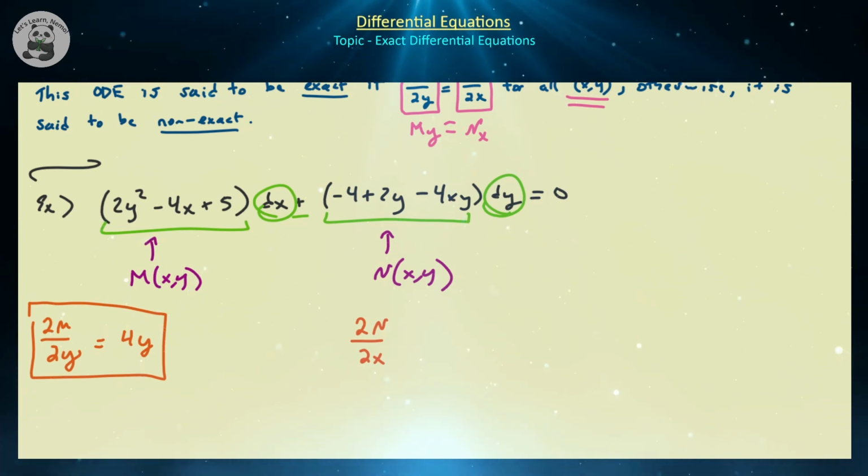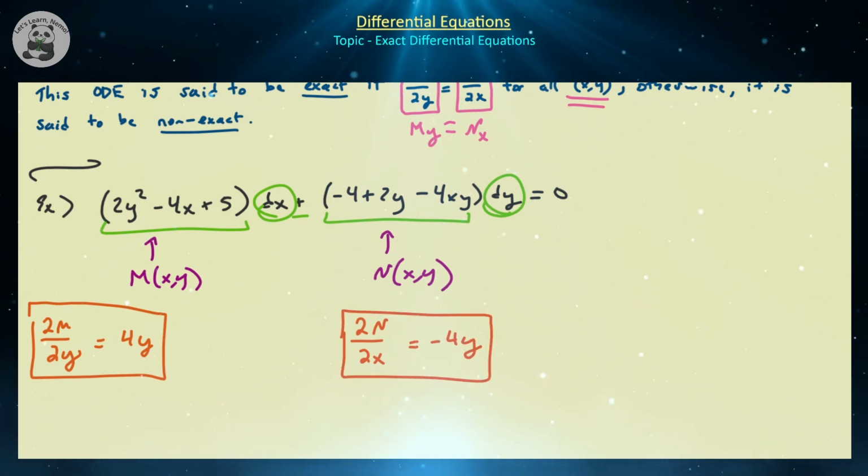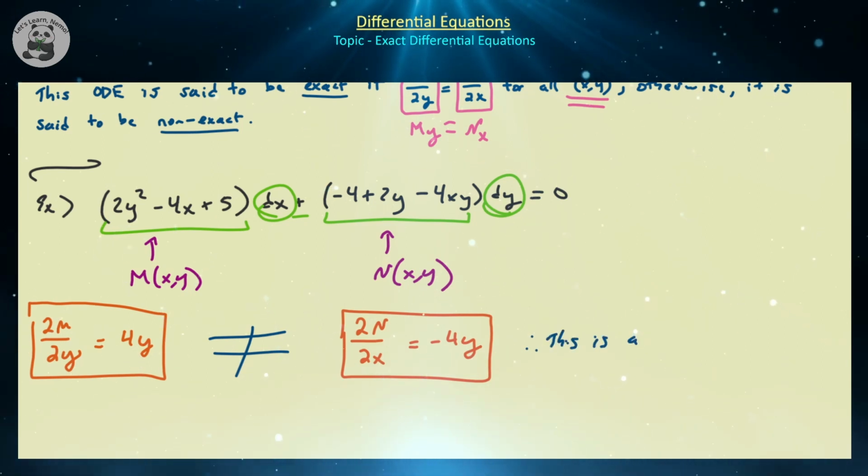So the derivative of minus 4xy with respect to x, y a constant, is just going to be equal to minus 4y. Now, although these two partial derivative functions do look similar to each other, they are not always equal to each other, because keep in mind, it has to be true for all x, y. So these two expressions are not equal to each other, therefore this is a non-exact ordinary differential equation.